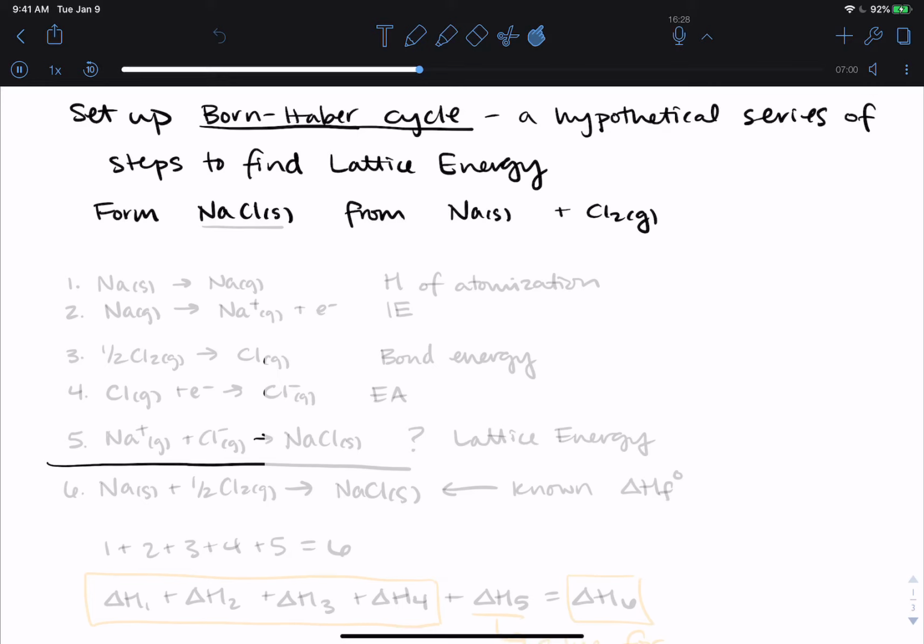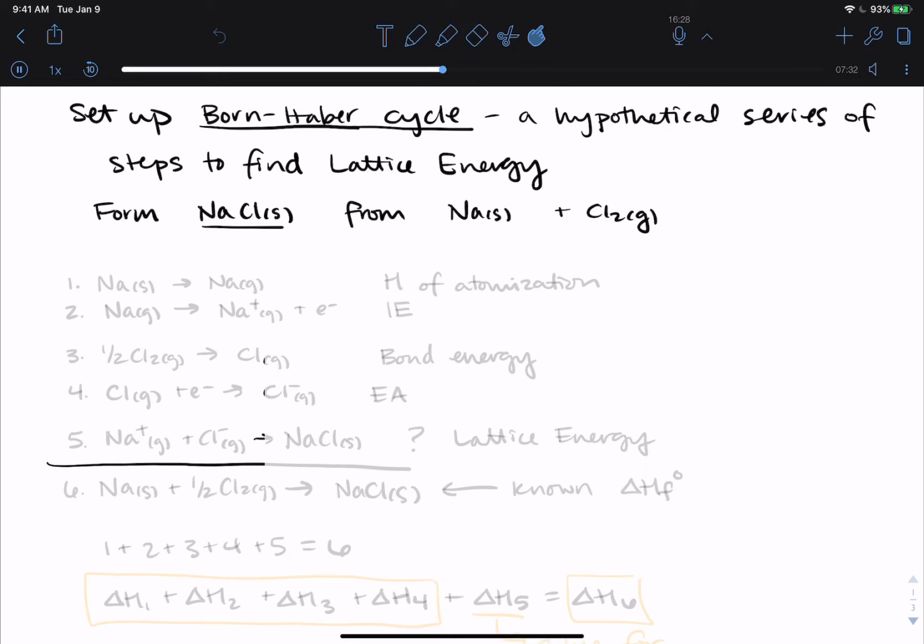And we do that because if we look up an enthalpy of formation for sodium chloride, we'll get a value. And so we can use the definition of enthalpy of formation and some other numbers, like the ionization energy and electron affinity that we already looked at, to put together what are the steps that we really have to go through, and then what's missing. That missing piece is the lattice energy.